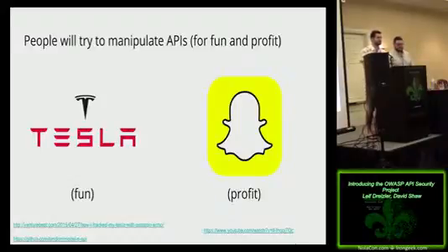I don't know if you guys remember, but in 2014, there was a major hack against Snapchat. Snapchat said that it was actually third-party services that people had been logging into with their Snapchat credentials. The way that those third-party services work are based off of manipulating the API and using it for things that it wasn't intended for.